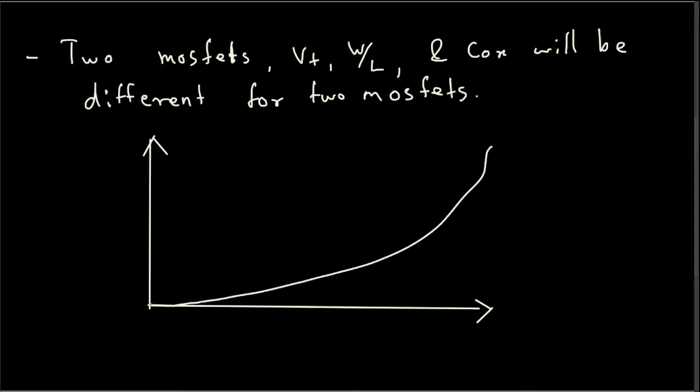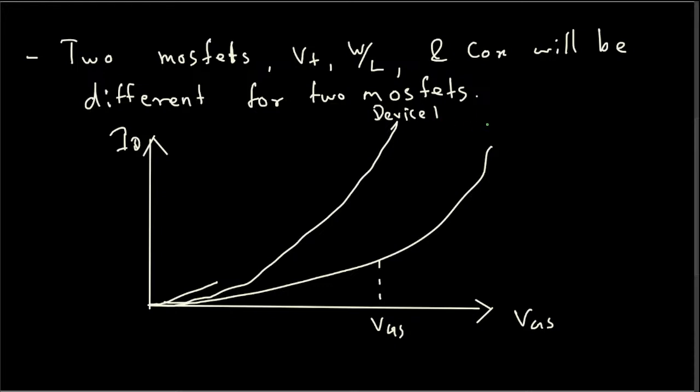One goes like this and the other one goes a little bit above, and if you pick a certain VGS value, and if you select a certain VGS, at that point the ID for the first device, let's call this one device 1 and device 2, is going to be different, and at the same time for the second one it's going to be different, meeting somewhere like this. So it's going to be different.